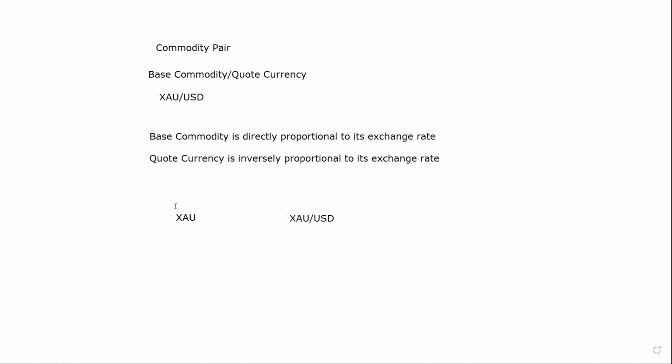When the price of gold goes up, the price of XAU USD will also go up.